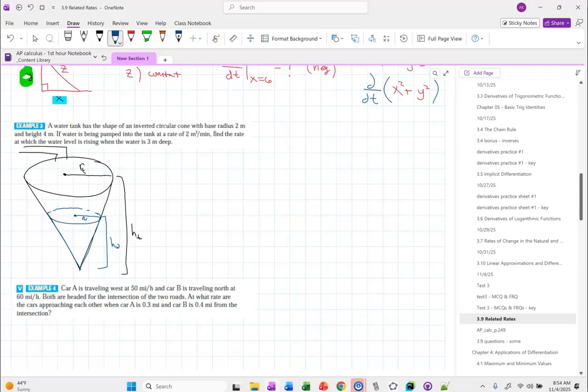So, which one of these are variables with respect to time and which ones are constants? Perfect, yes. So your water dimensions are variables with respect to time.